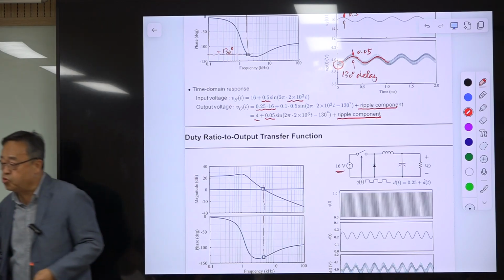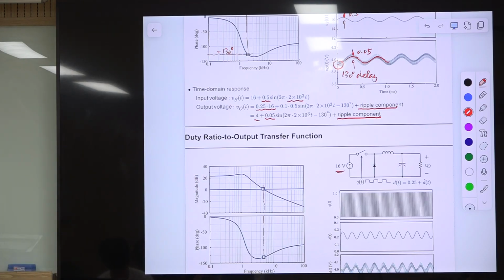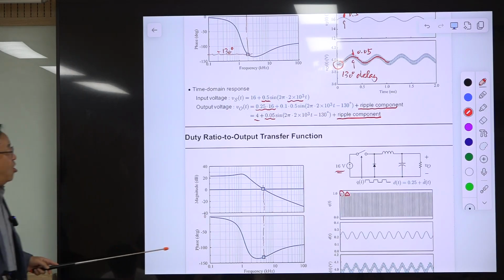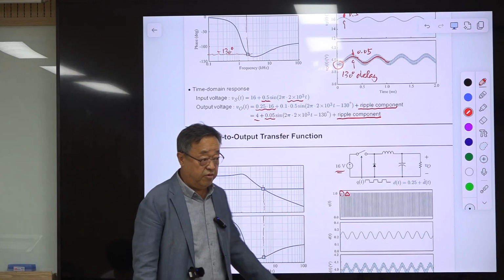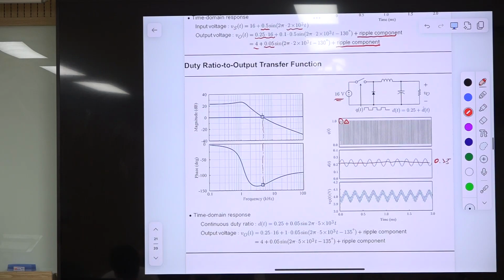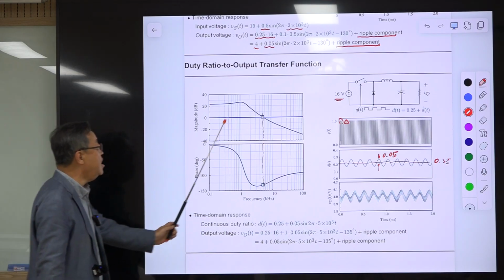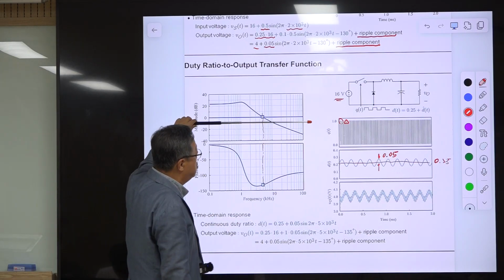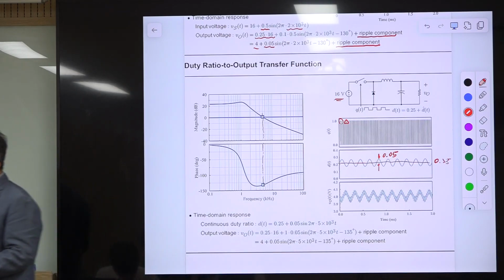So if you take a close look here, the modulator output is large here, small here, and the change of the modulator is in this sinusoidal fashion, and the average value is 0.25, and this amplitude is 0.05. Okay, then based on this, at this frequency, this is 0. 0 means this magnitude remains the same.